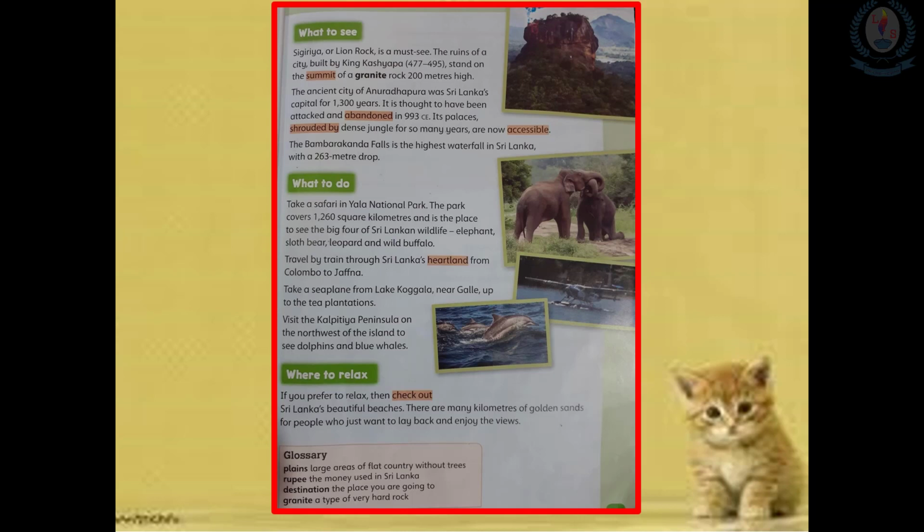Then you can see there are two mountain elephants, and also you can see a seaplane, and also you can see whales. Why are these there? These are the things which we can see. Let's see what to see in Sri Lanka.